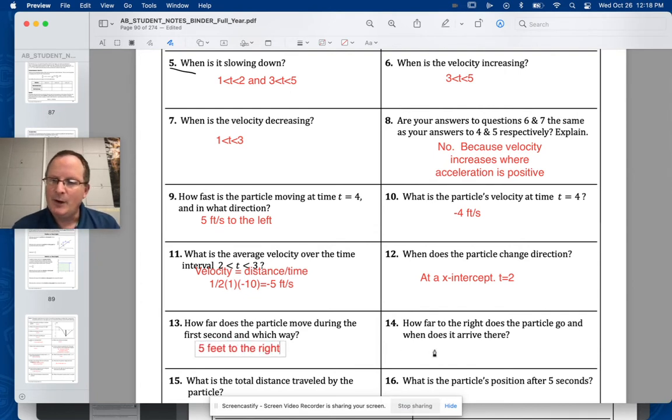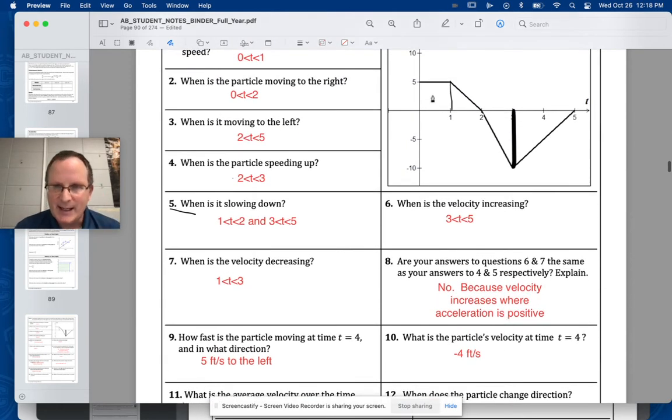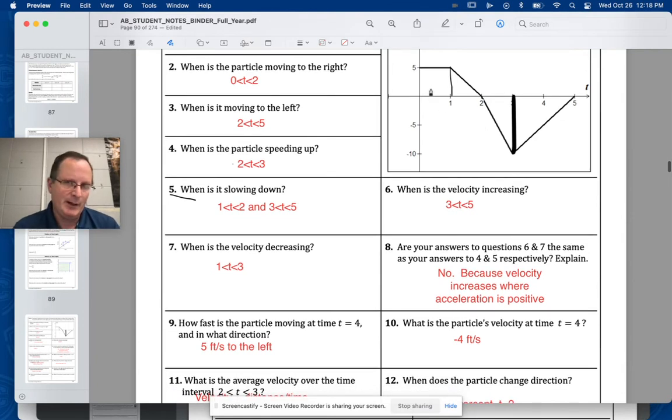How far to the right does the particle go, and when does it arrive there? So what happens then is it's moving to the right until we get right here, and then it starts moving to the left. So the furthest to the right is going to happen at t = 2. Now we end up with a 5 right here because it's just a rectangle. It looks like a square, but it's a rectangle. That's 5. That's half of that. That's 2.5. So 5 plus 2.5.